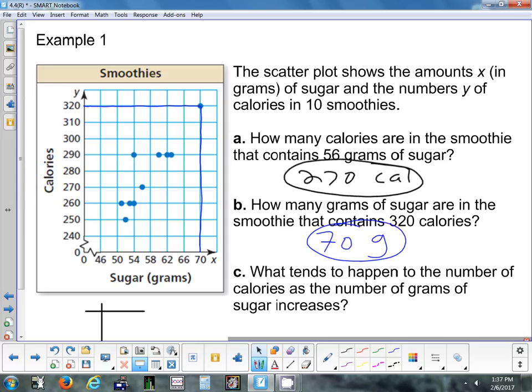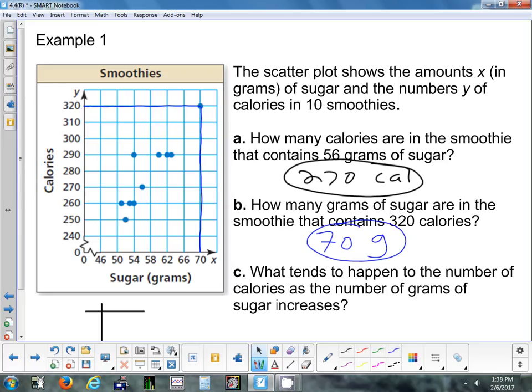Kaylee? No? Not sure? Dave? Both the calories and sugar increase as the number gets higher. So as the number of grams of sugar increases, the calories increase as well. Yeah, that basically looks like the pattern.